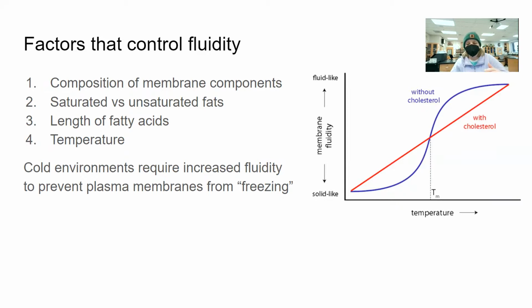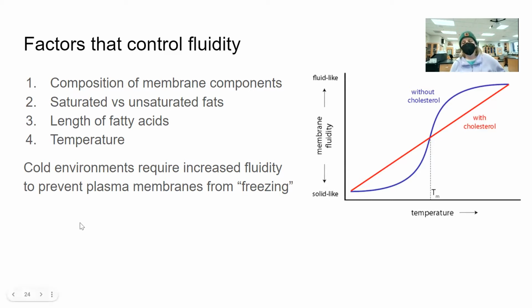So if it's cold enough, we might see enough of that stacking up that we have membrane rigidity. And the reason that we might see more cholesterol is that cholesterol helps maintain that fluidity even under cold environments. Okay.